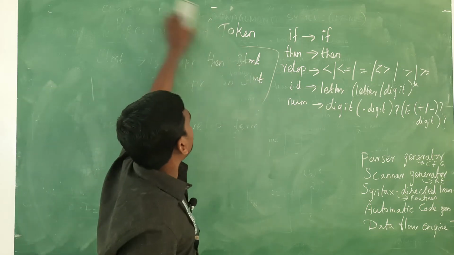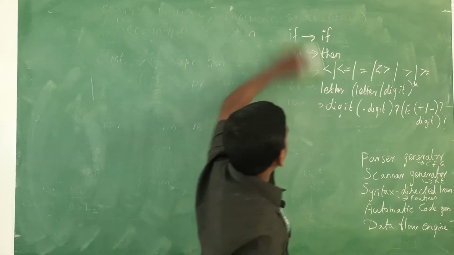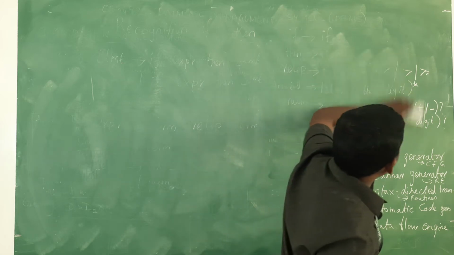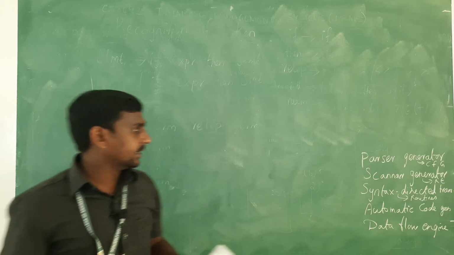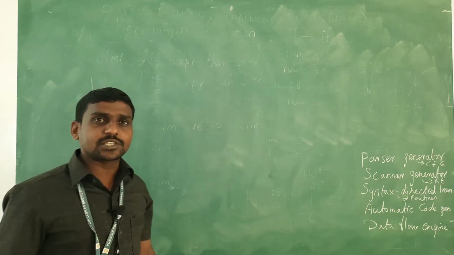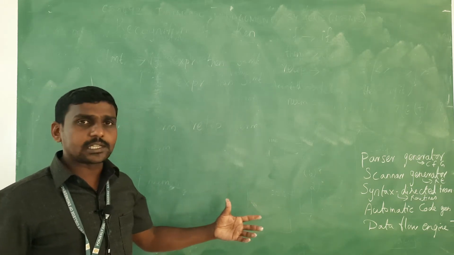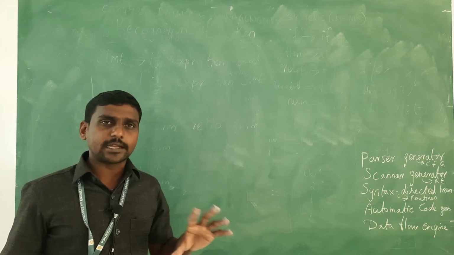Next is the transition diagram. I already taught you what a transition diagram is in the theory of computation. Once again, why are we using a transition diagram in a compiler? The lexical analyzer needs a transition diagram because all the tokens are taken from the transition diagram as well as the transition table.